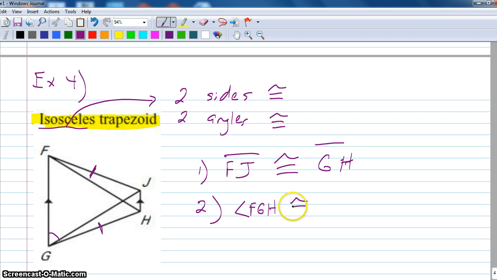FGH is congruent to this angle over here. We'll call it JFG. Angle JFG. Now right here I gave the fancy name. You don't need it. You could have just called this angle G congruent to angle F.